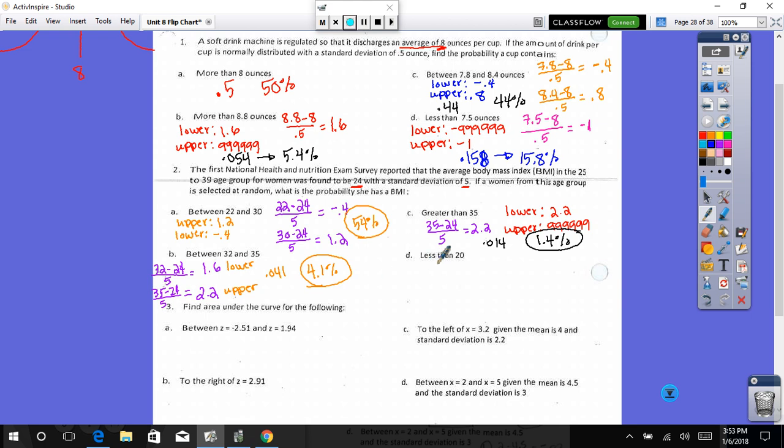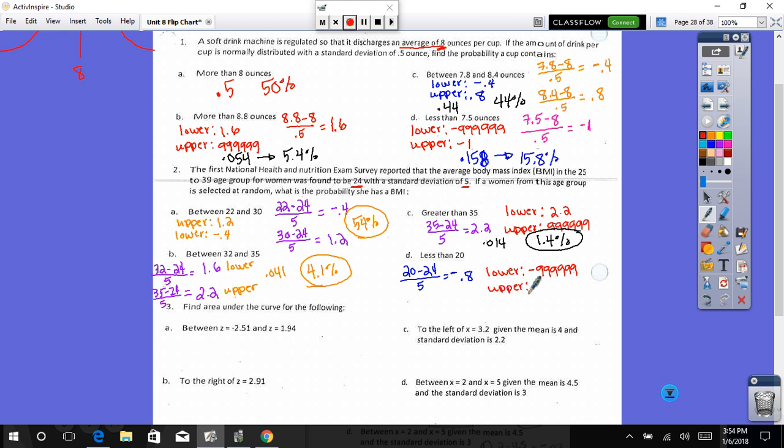Okay, less than 20. Let's figure out our z-score. 20 minus 24 gives negative 0.8. And I want to know less than that. So my lower is unknown, so I have to put in a negative big number. And my upper is known.